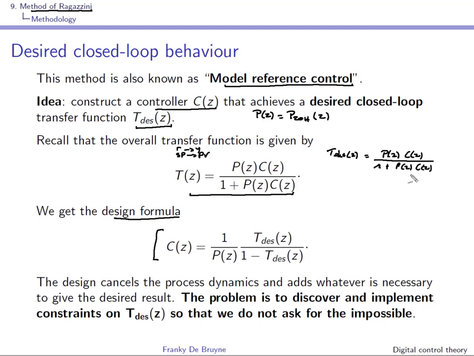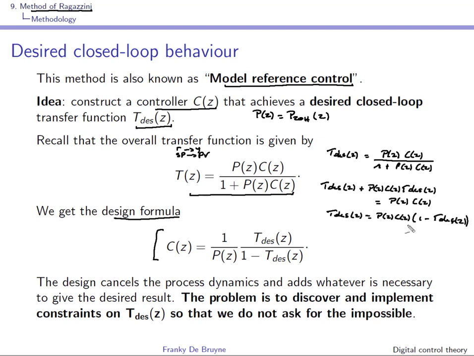We can multiply by the denominator, so we have T desired plus P C T desired is equal to P C. We take this one to the other side and put PC in front, so we have T desired is PC times 1 minus T desired.